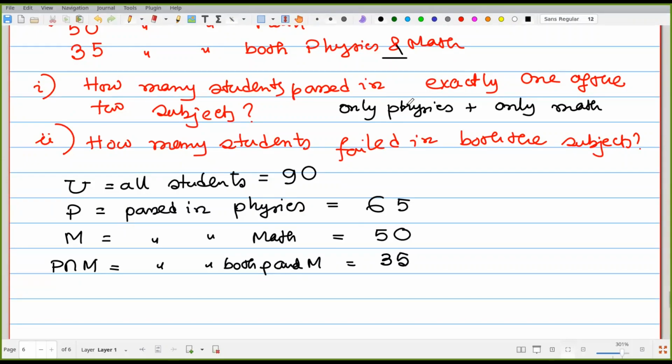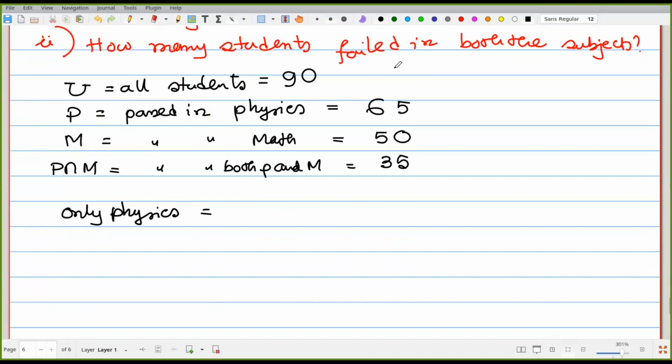We have to find out the only physics. Now remember one thing, how we can find the only physics. Only physics means passed in physics minus passed in physics and math.